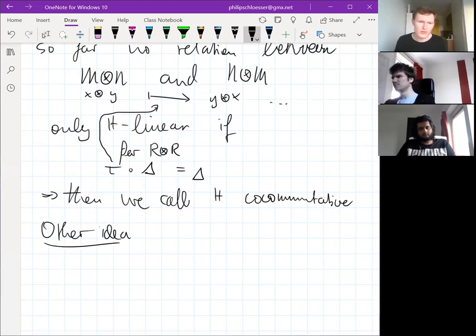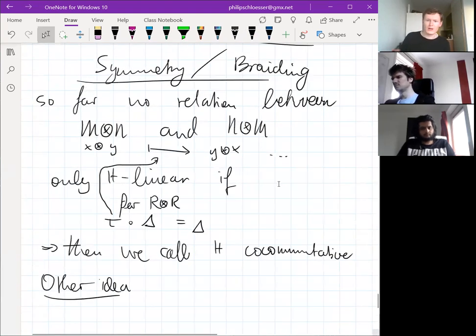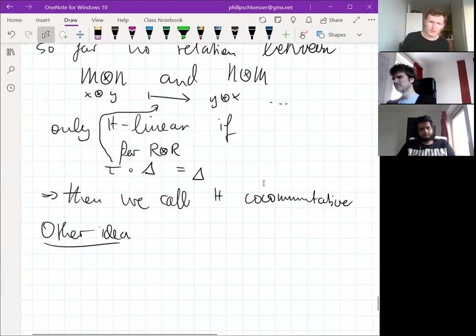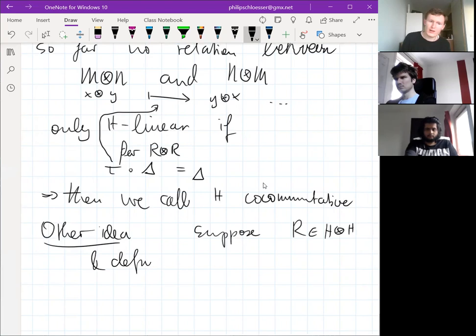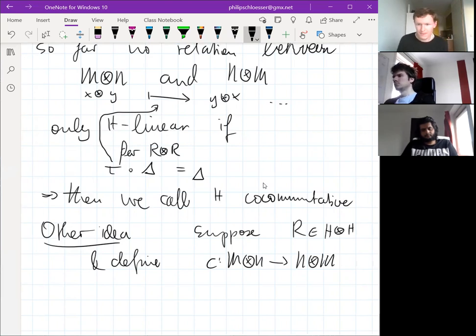But we can try something slightly different. Suppose R is an element of H tensor H, and we define a map C from M tensor N to N tensor M, not necessarily by swapping the two things, but by first multiplying them with our element R and then swapping them.